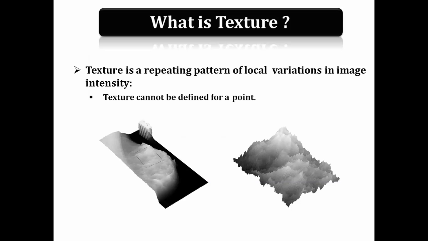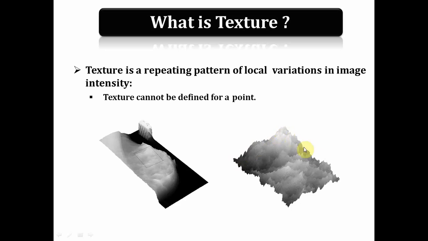The texture, if you have the texture pattern like this, if you have extracted the texture pattern from the image like this, and if you are selecting the particular area from the texture pattern, you can see it is made up of multiple intensity values. You cannot create a texture for a single intensity value. You require multiple intensity values, piled up together, or you can say combined.